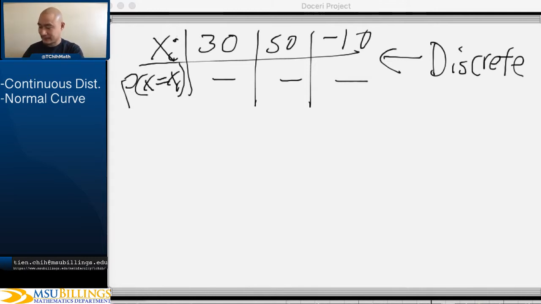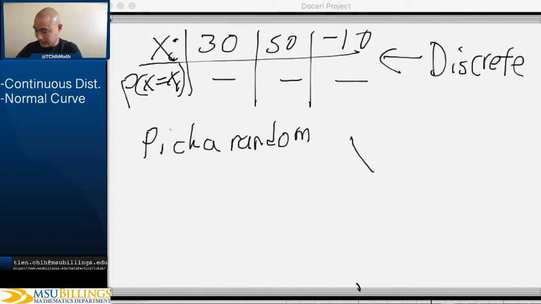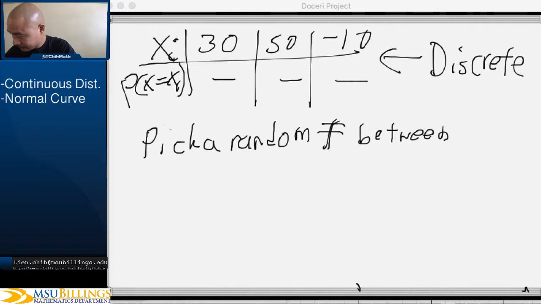But as a brief example of a continuous variable, let's just say pick a random number between 0 and 1.